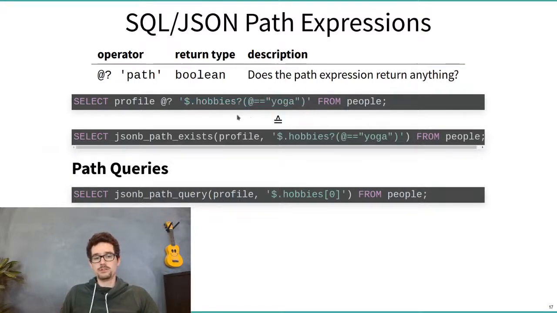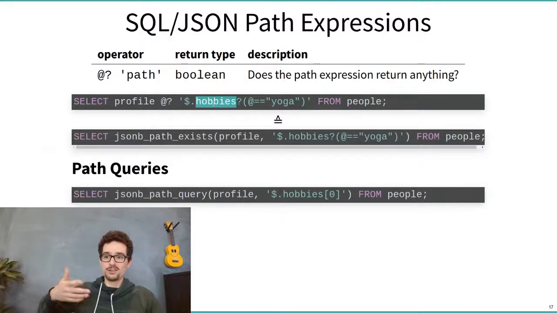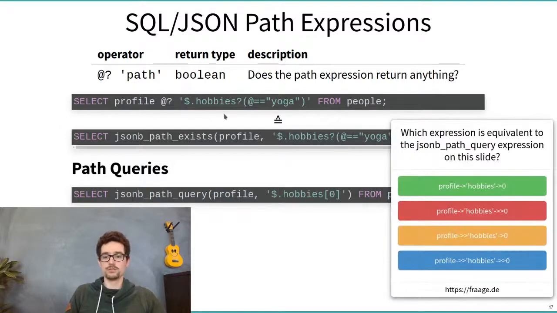Other possibilities to do that would be doing this in SQL, so extracting the values that are in this hobbies array and then afterwards checking if it is yoga. This is unnecessary because so many hobbies are not yoga, so accessing them is not necessary, and basically in the end you have multiple operators. Here it's just one operator, so this makes it kind of easier.